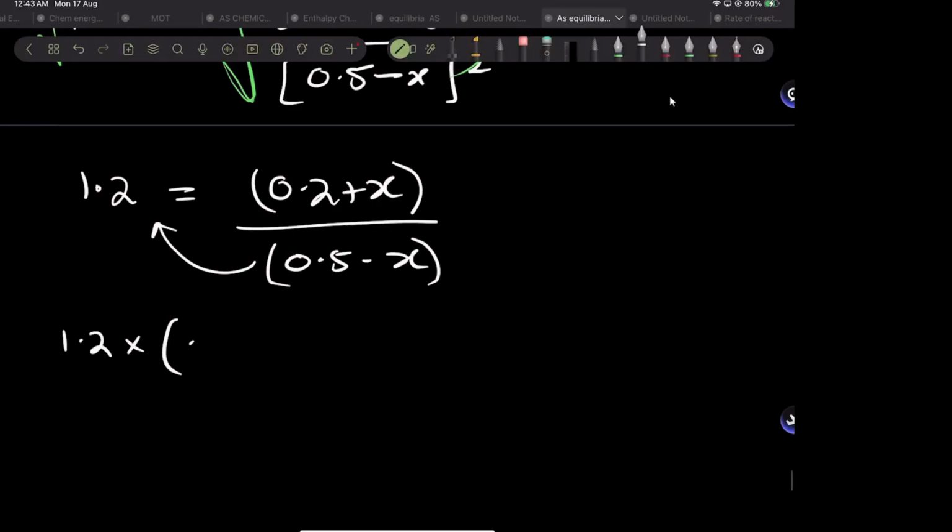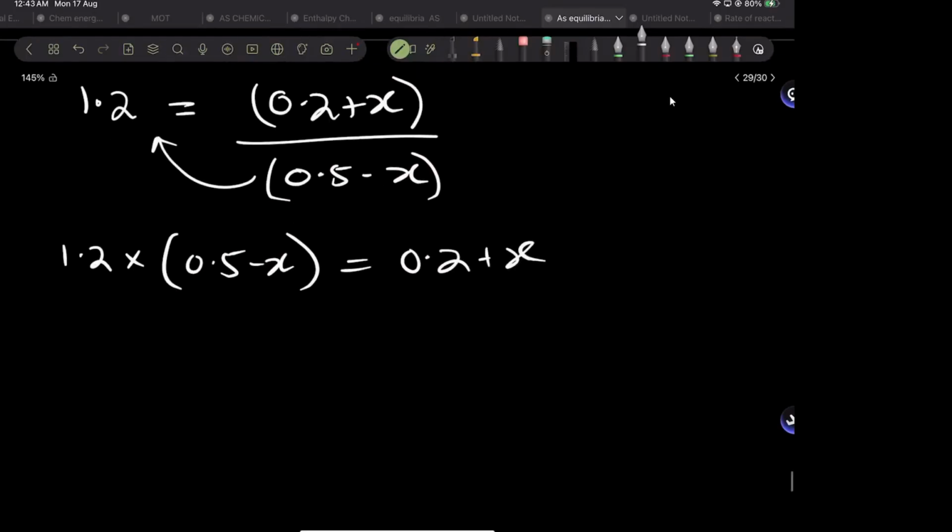So 1.2 into 0.5 minus X is equal to 0.2 plus X. And now solve. So 1.2 into 0.5, I'm getting 0.6.